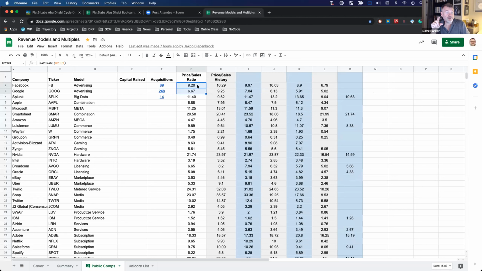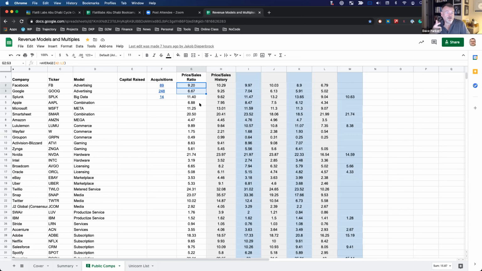So there's a pretty tight range there from an advertising business perspective, right? The marketplaces vary a lot, because if you're selling your own product, like Lululemon, I'm sorry, commerce, if I'm selling my own product and I have higher margins, my enterprise value is higher.